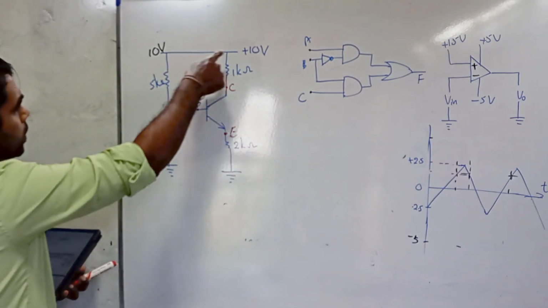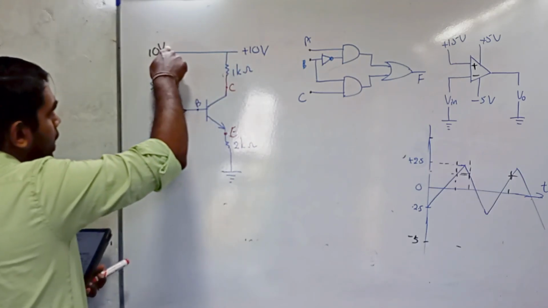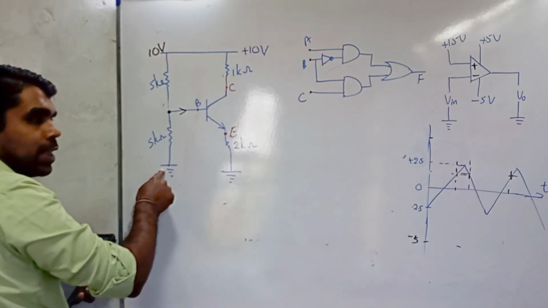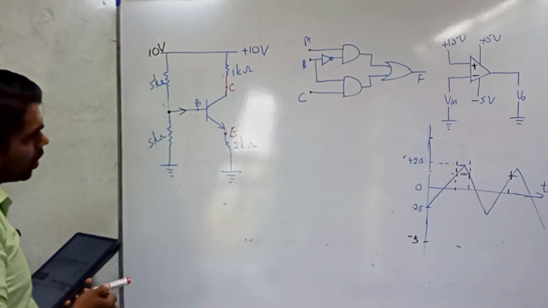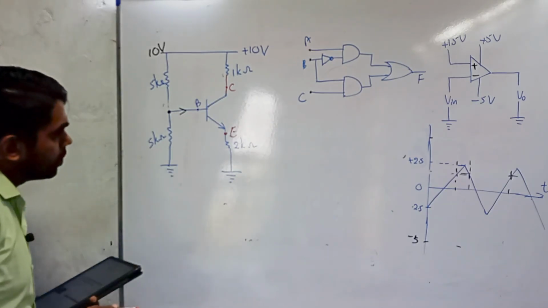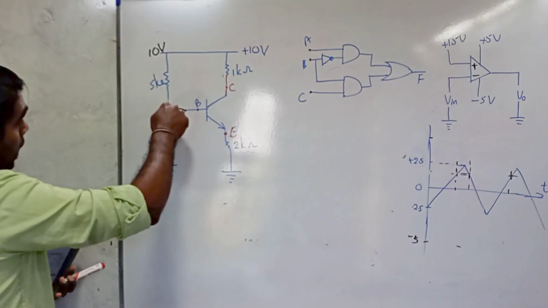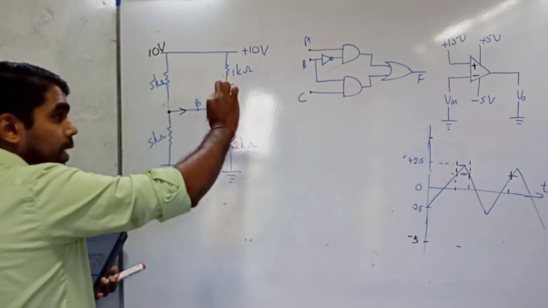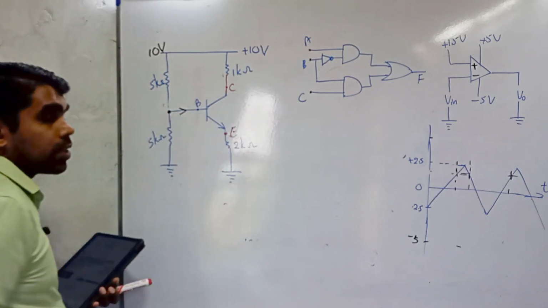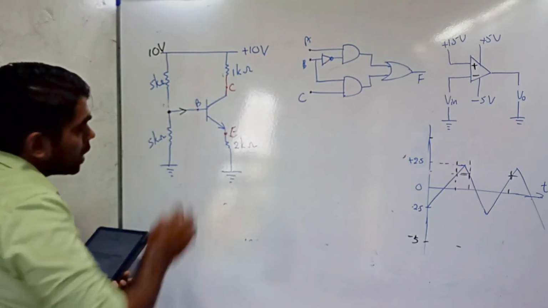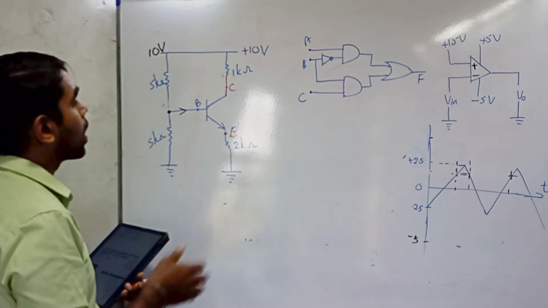We can get the voltage at this point is 10 volts, and the voltage at this point is 0 volts because it is the earth point. We can consider that IB, the current through the base terminal, is a negligible current.